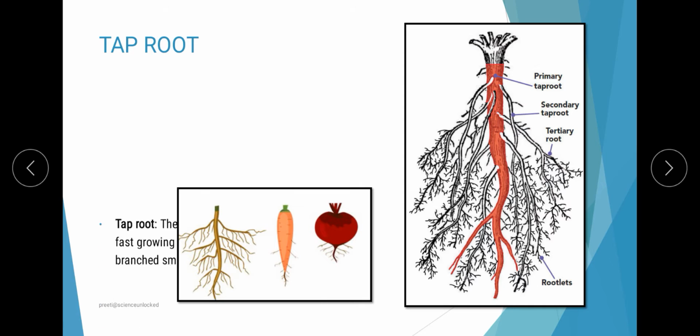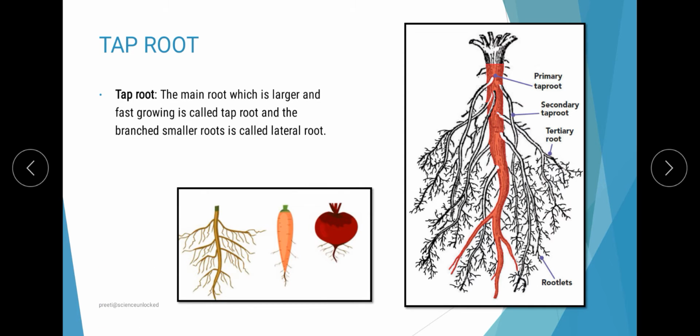This is the root system where the part is often modified to store food material inside it. For example, we have carrot, radish, beetroot, and many more examples we will find if we dig deeper into the content.